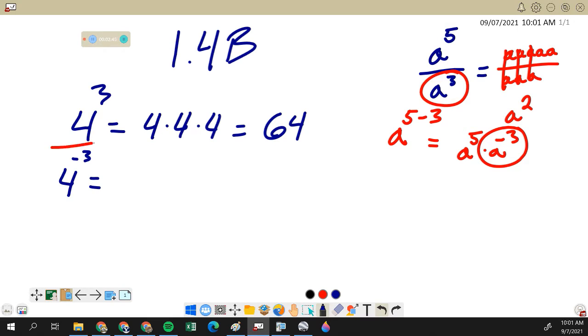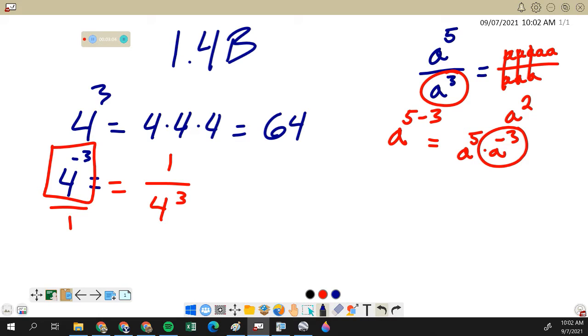So this problem here is 1 over 4 to the third. So negative exponents just flip fractions upside down. It went from 4 over 1 to 1 over 4.